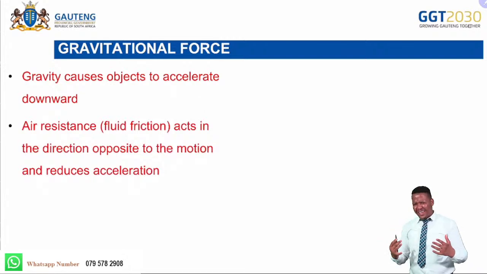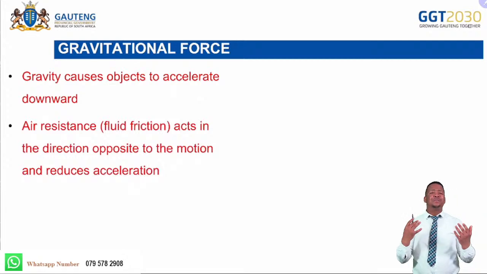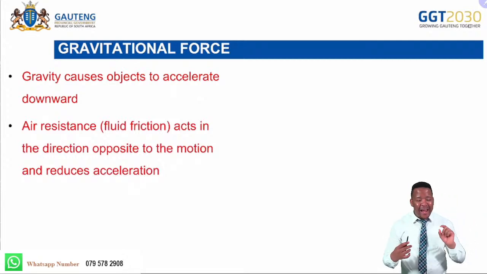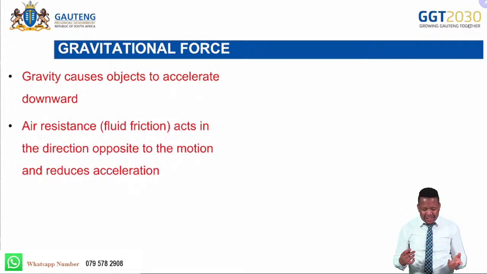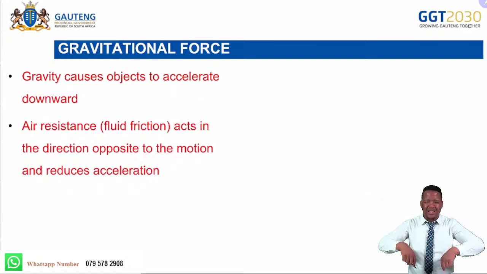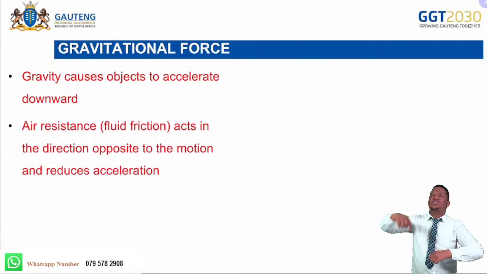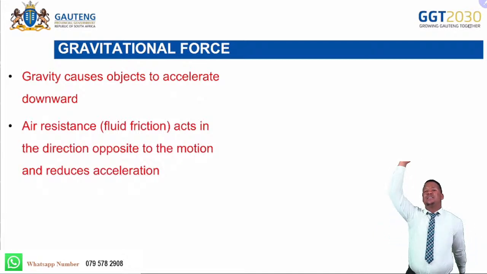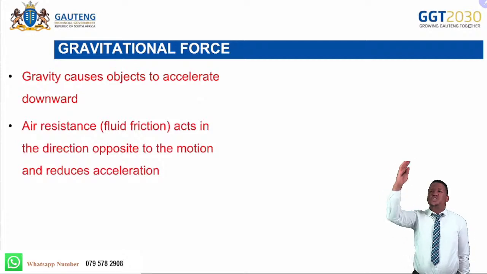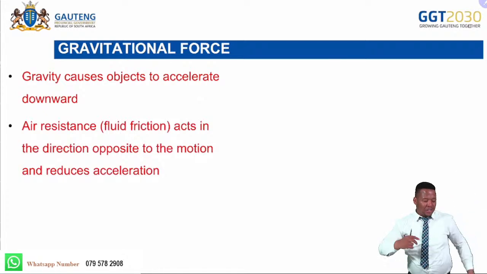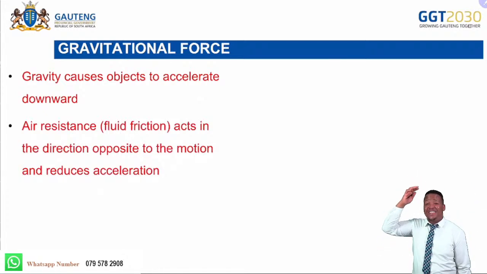Do you know what air resistance is? Sometimes you call it air friction. Air resistance, a fluid friction, acts in the opposite direction to the motion and reduces acceleration. So as you are falling downwards, the air resistance is going upwards. It is always opposing the force of gravity. So air resistance acts upwards, and the force of gravity acts towards the center of the Earth.